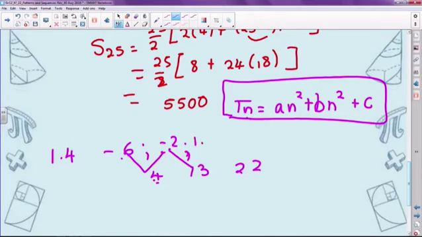That is 11, right? And then to get the next term, we're going to say 11 plus 13, and that will give us, what is 11 plus 13? 1 and 1 is 2, 1 and 3 is 4, so that will be 24.